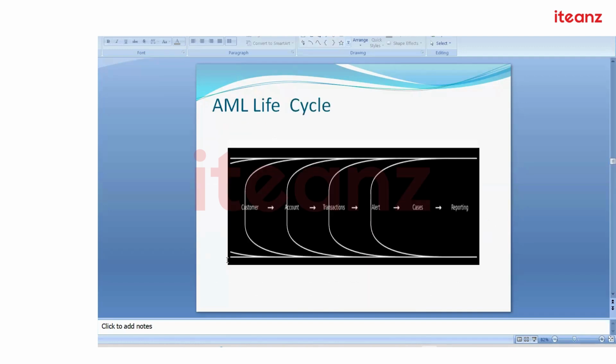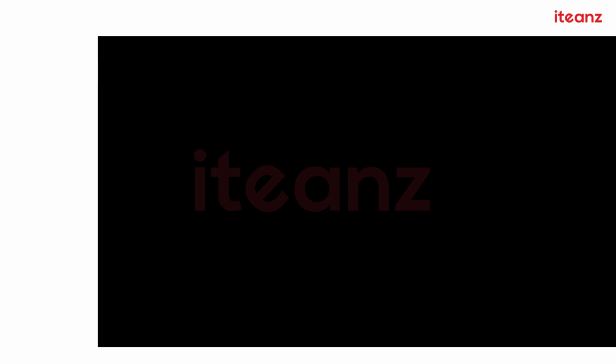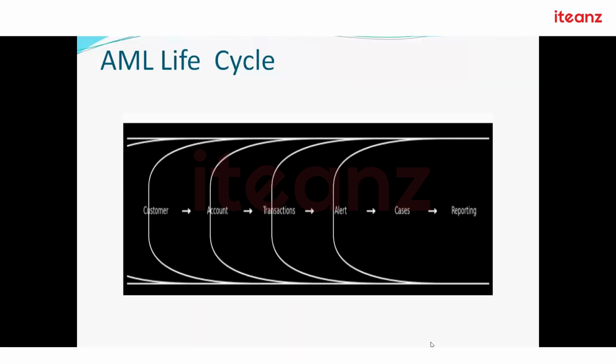Okay, let me just do one thing. Now, is it clear for you? Yes, sir, clear. Okay, so the AML life cycle, as I told you: customer to account, transaction, alert, cases, reporting.